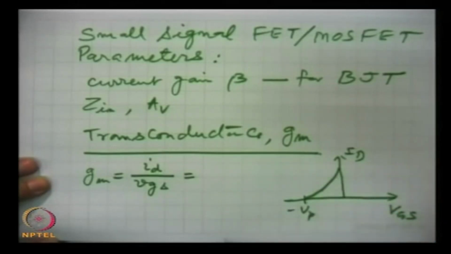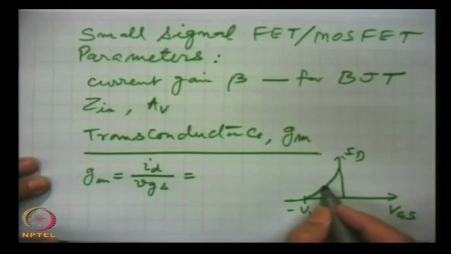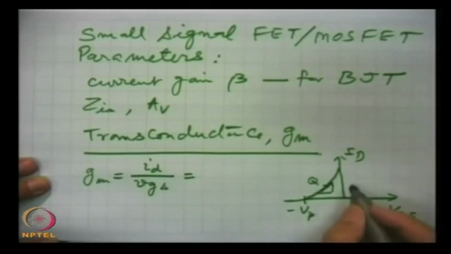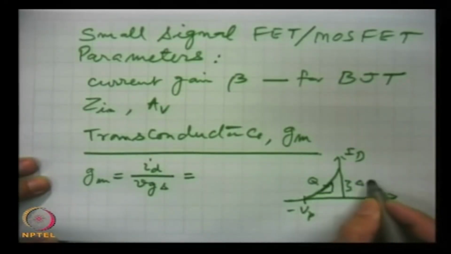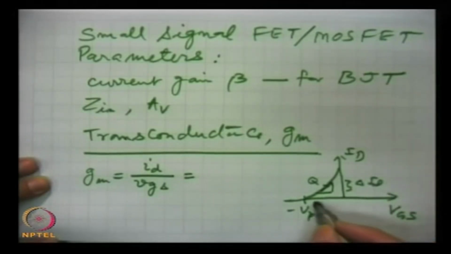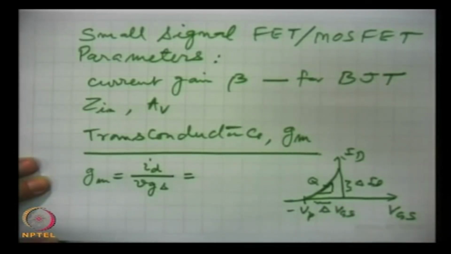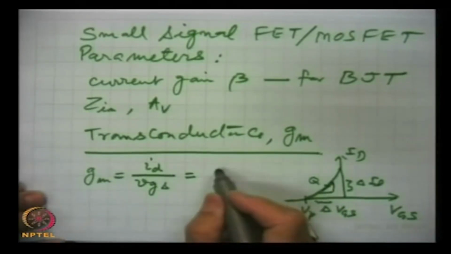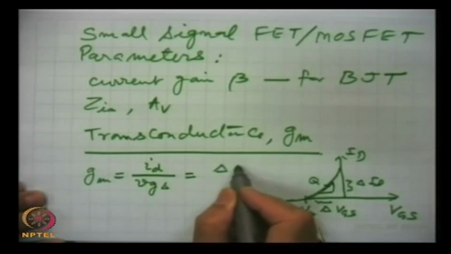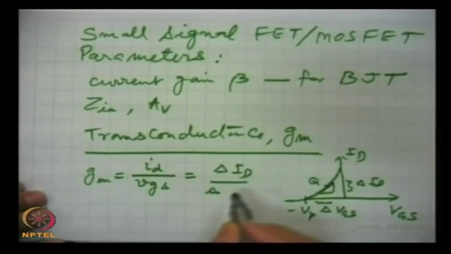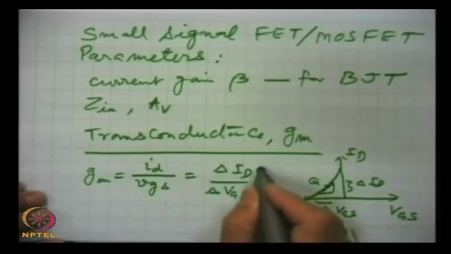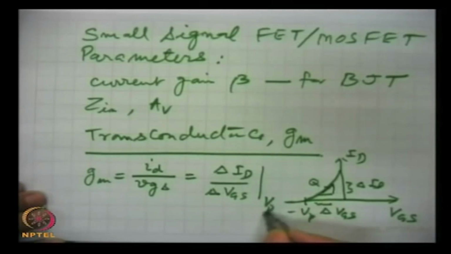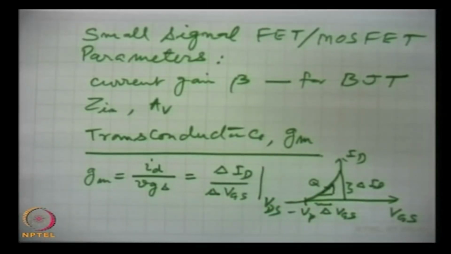So, this curve is the transconductance curve, and at the operating point we draw a small tangent and we find out this is the change in the drain current ID, and this is the change in gate voltage. So, this ratio can be written as change in ID by change in VGS at constant VDS. This is the way it is defined.